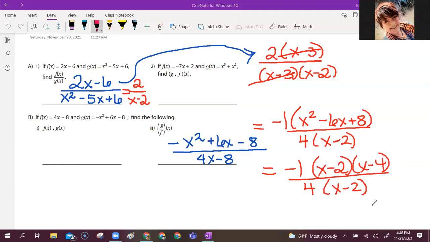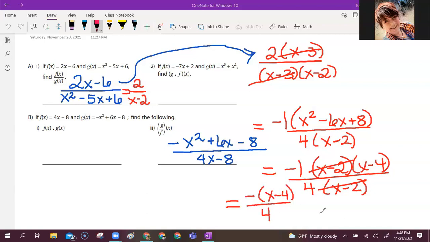Okay, so I've factored. I do have a common factor here. And so I am left with the final answer, with that -1 still there. But watch how I write it, because I do have a factor on the top of X minus 4. So I have a negative X minus 4 over 4.